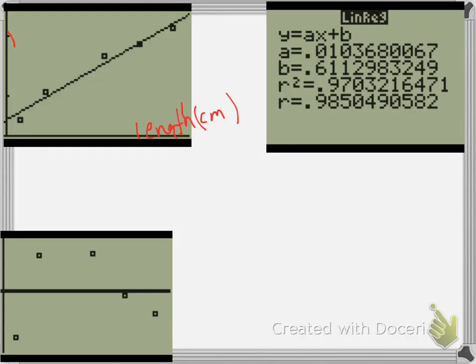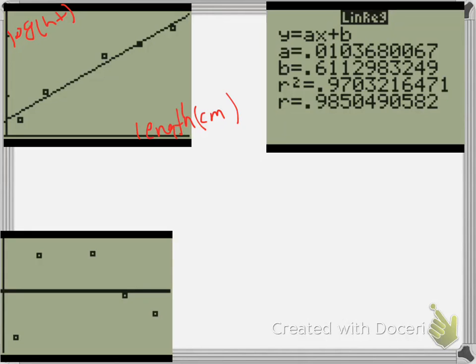So this is the log of, and our y value was height. So I'm going to put ht for height, which was in centimeters. I did that for the y-axis.